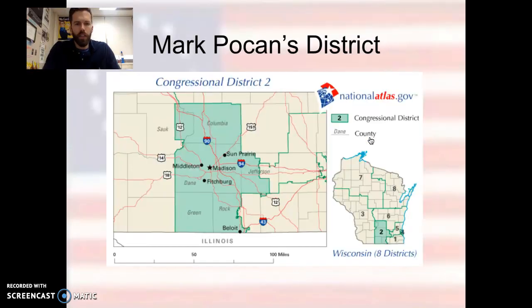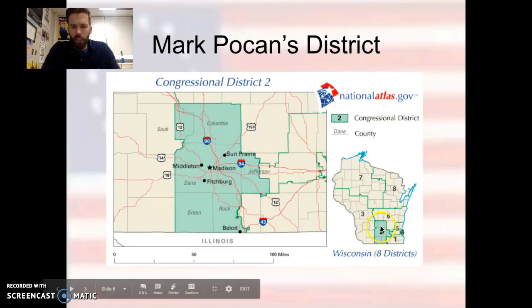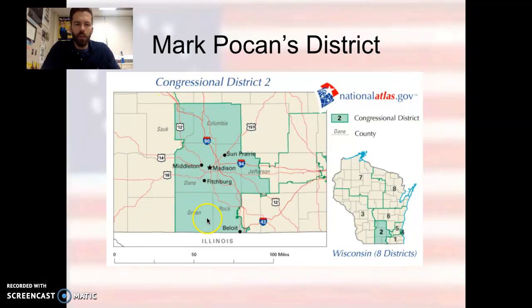If you look at our district here, it includes Madison, but also goes all the way up into Sauk County, a little bit of Greene County, very rural. So when I talked about it being the voice of the people, Mark Pocan really needs to focus on issues that matter the most to people in District 2. Madison is the biggest city, and Beloit is the 2nd largest city in his district.